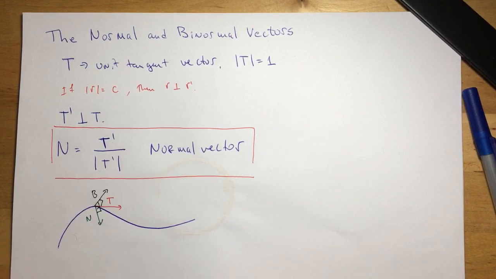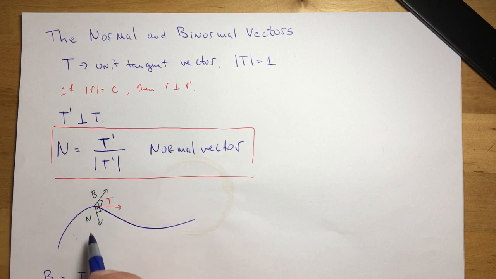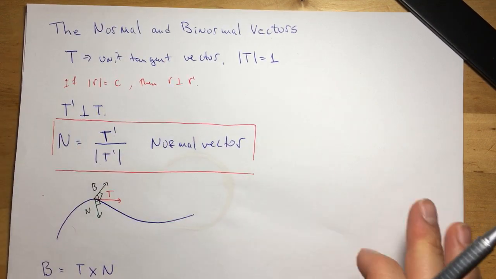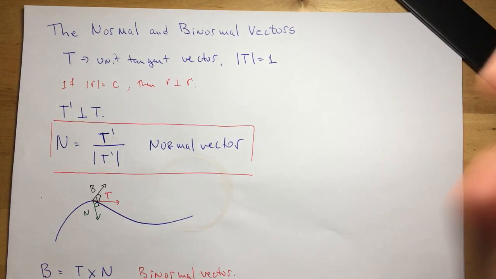And how do I find a vector that's orthogonal to two vectors? Well, we do that by finding the cross product of those two vectors. So if I want to find a vector orthogonal to the normal vector and the unit tangent vector, then I find the cross product. This vector B we call the binormal vector.